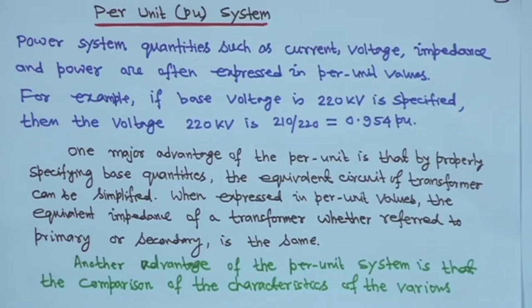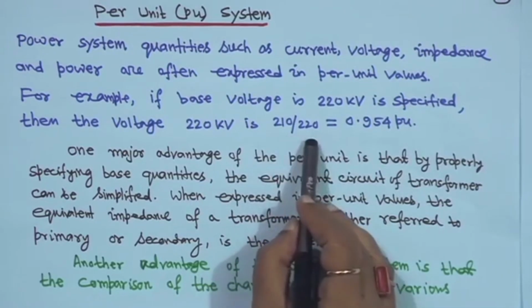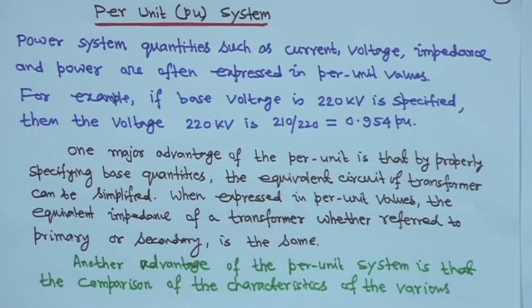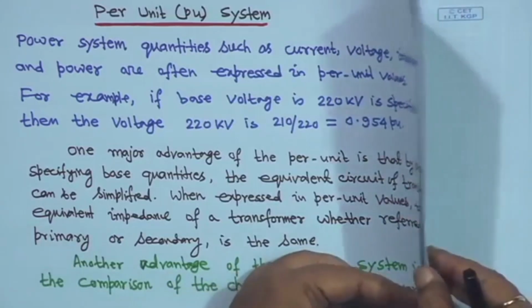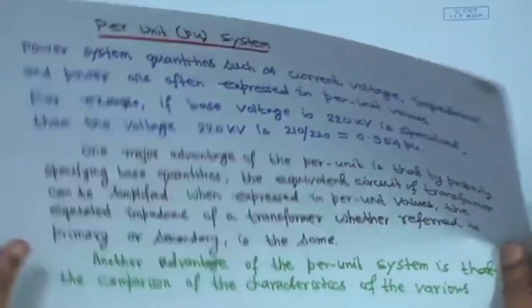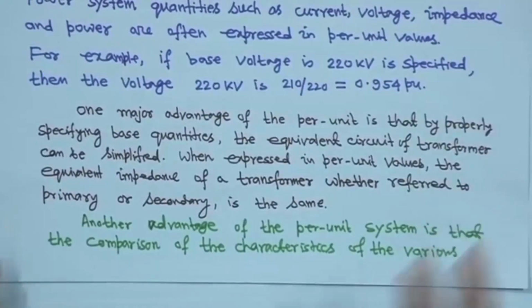Suppose you are measuring the voltage of the transmission line, say line to line voltage, suppose it is 210 kV, therefore, in per unit it will be 210 by 220, which is equal to 0.954 per unit, it will become a dimensionless quantity, right.